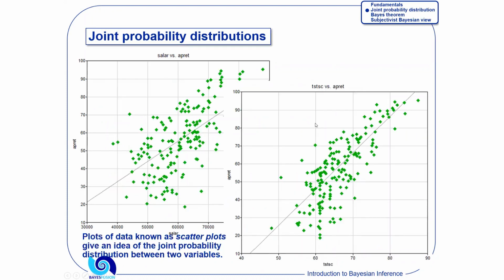Pictorial representation of a very simple case is a plot known as scatter plot. Scatter plots show you points. Every point corresponds to a record in the data for 2 variables. So you have 2 variables, and every point represents 2 values, the values of those 2 variables. When you look at scatter plots, you can see how those variables are jointly distributed roughly.